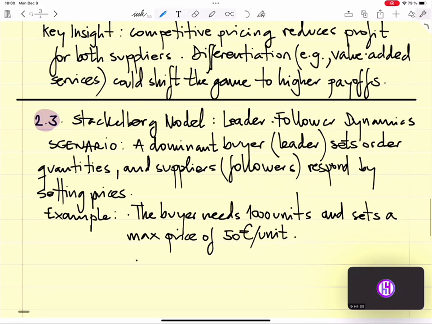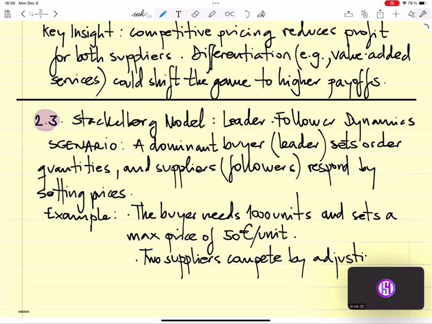And then two suppliers compete by adjusting cost to meet the price. Okay.